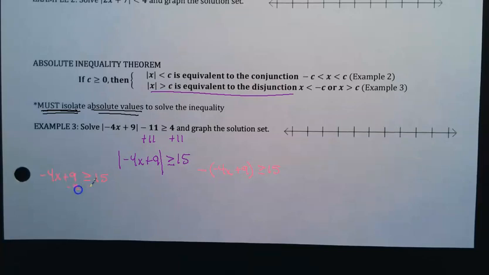We would subtract 9. We would have negative 4x is greater than or equal to 15 minus 9, which is 6. We would divide by negative 4, which means we flip our sign, and we would have x is less than or equal to negative 6/4, which we would reduce to negative 3/2.